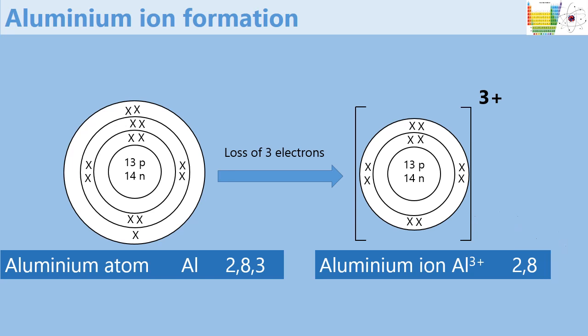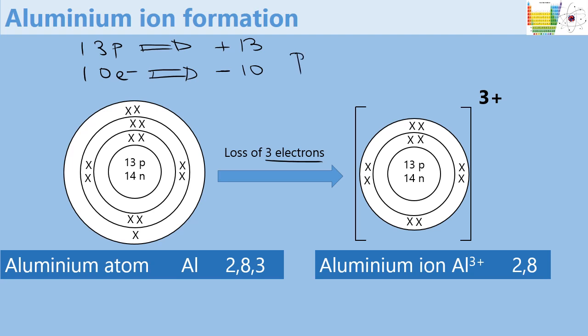Again, the aluminium ion has 13 protons, 14 neutrons, and now how many electrons? 10 electrons. It loses 3 electrons. So it has 13 positive charges and now 10 negative charges.